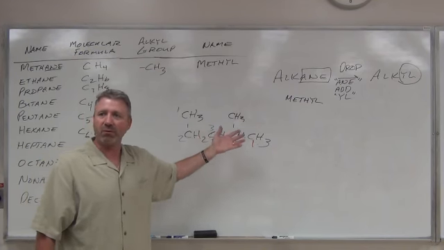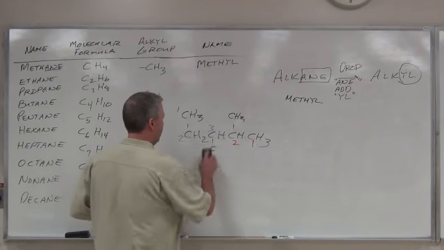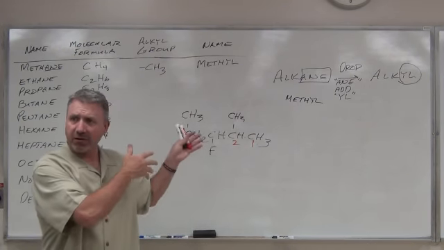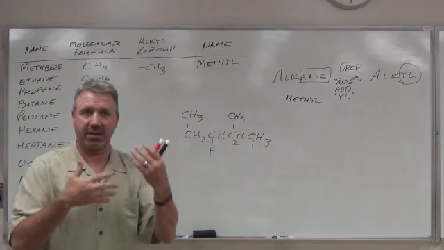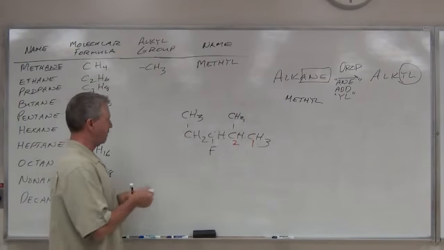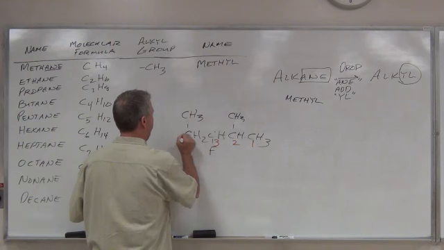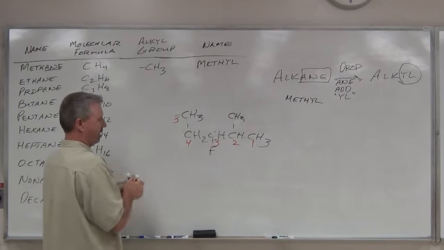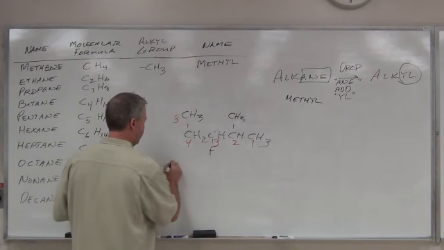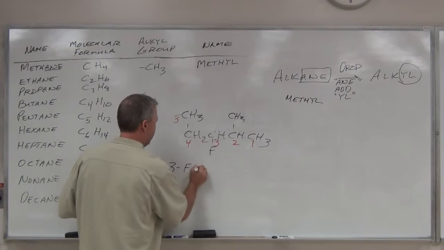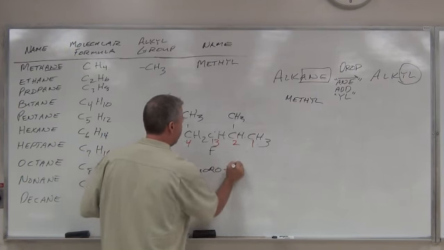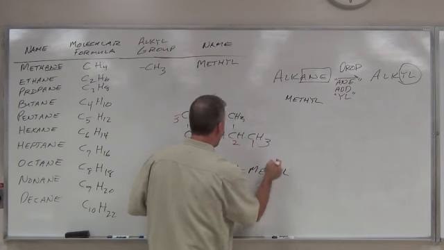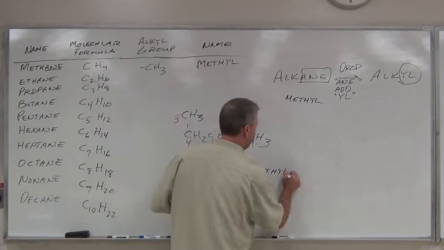So we're going to number this. You see how your perception, how you're looking at it, that's where it gets crazy. 3, 4, 5. I have F and methyl, fluoro and methyl. Fluoro comes first. This is 3 fluoro, 2 methyl, pentane.